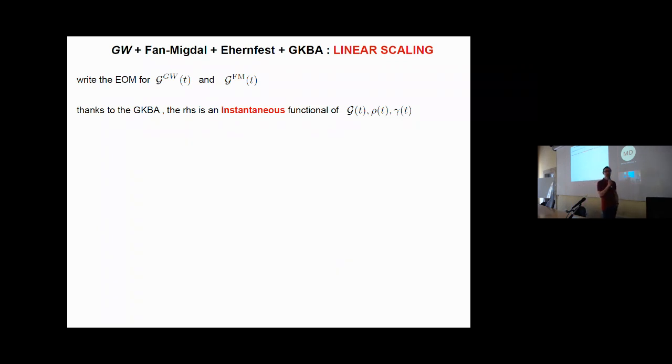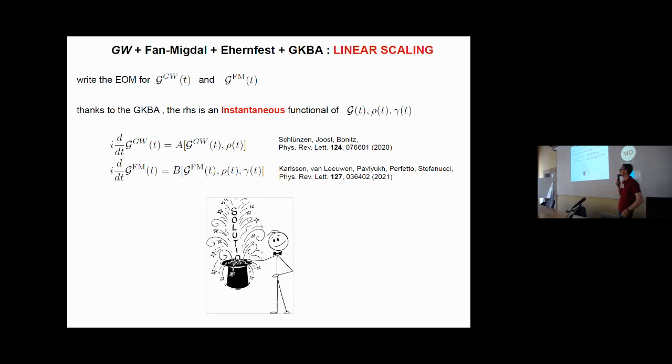We realize that the equation of motion for this higher order Green's function has a right-hand side that depends only on the instantaneous higher order Green's function and on the instantaneous density matrices. This means that thanks to the generalized Baym-Kadanoff ansatz, the scaling is finally linear.